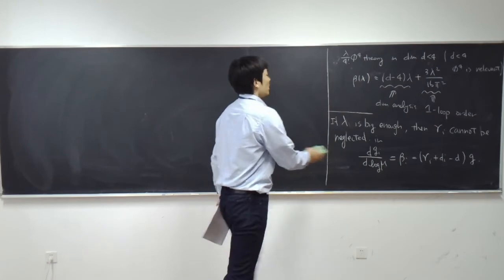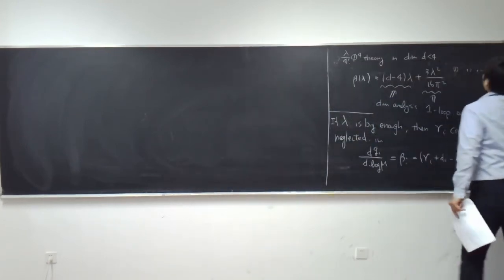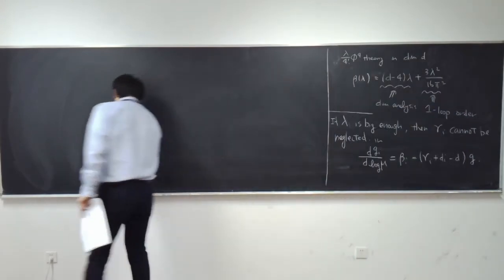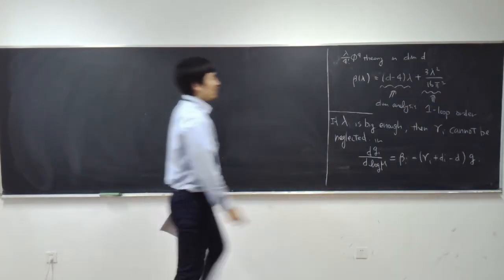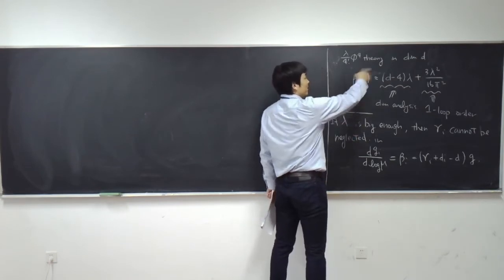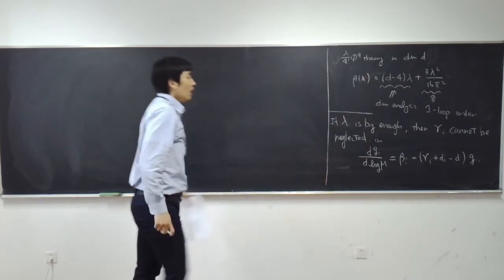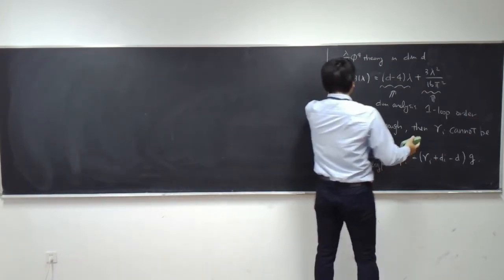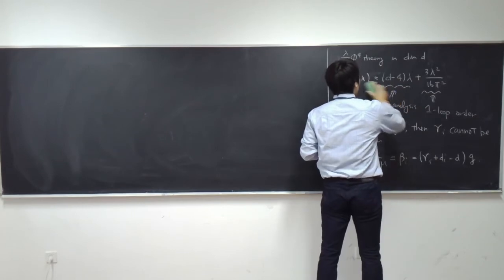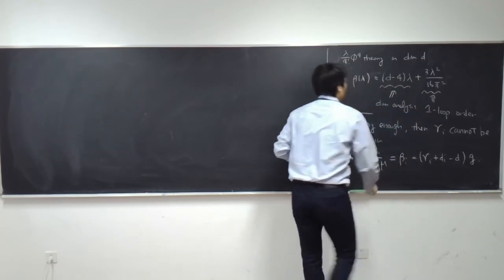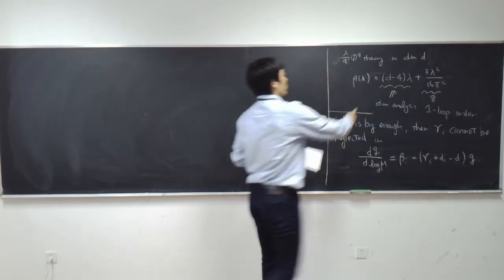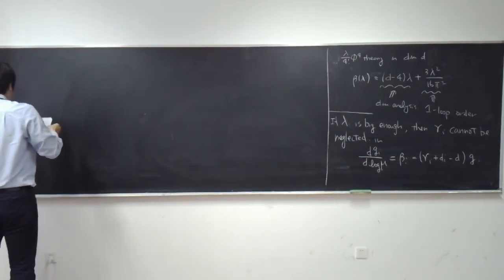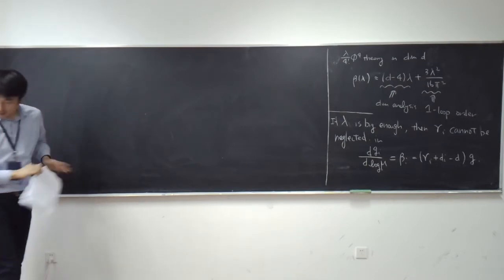The typical example is phi-four theory in arbitrary dimension d. This behavior really comes from dimensional analysis, and I'm going to explain what's going to happen for this one.